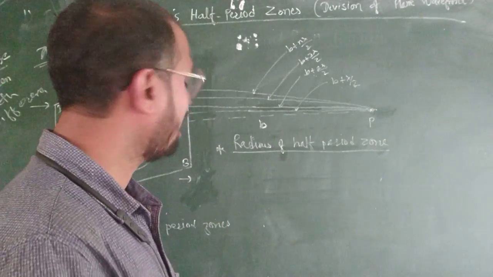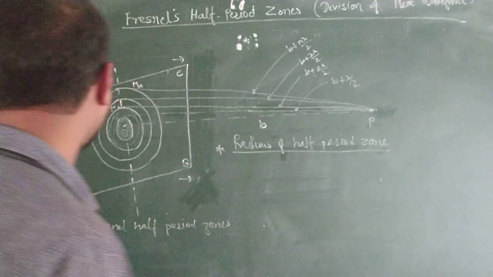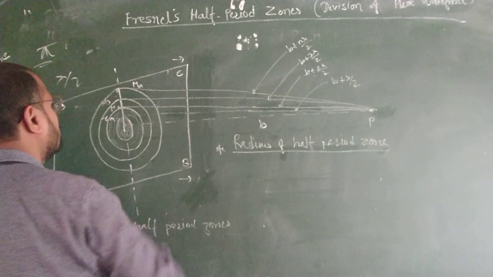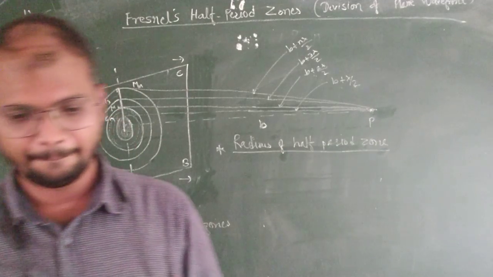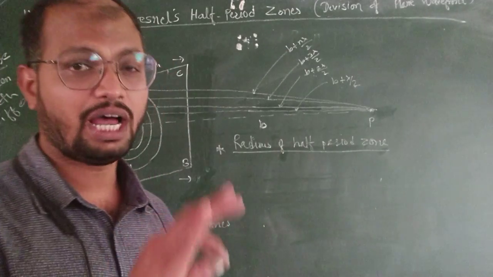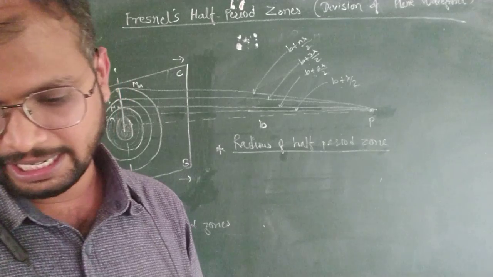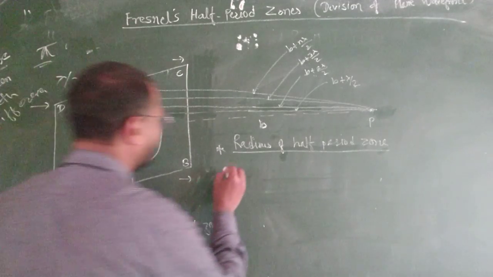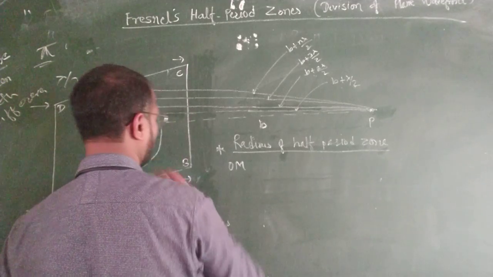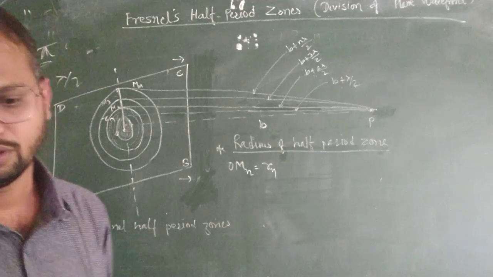So let Rn be the radius of the nth circle, that is the half period zone. That is, the distance from point O to point OMn equals Rn.